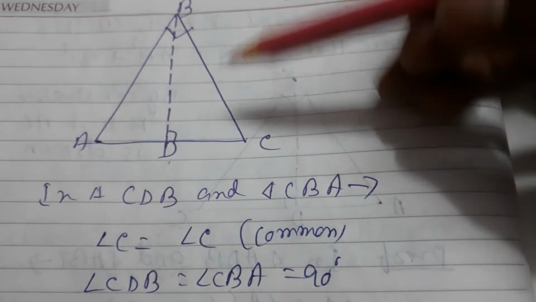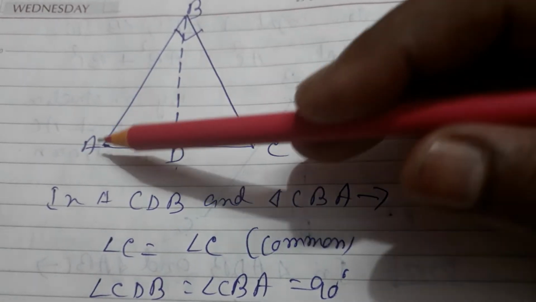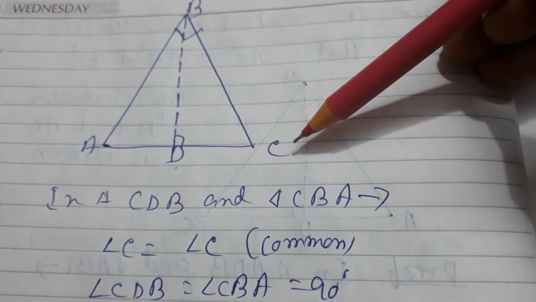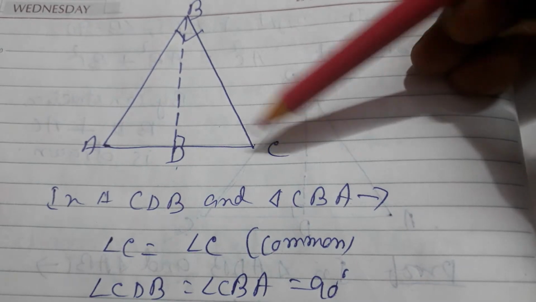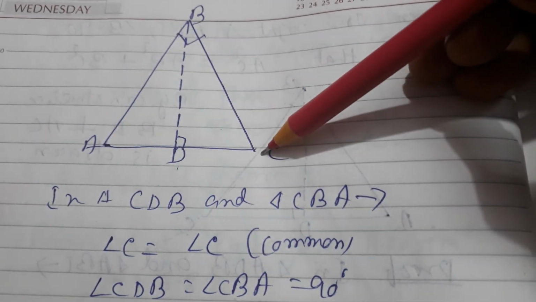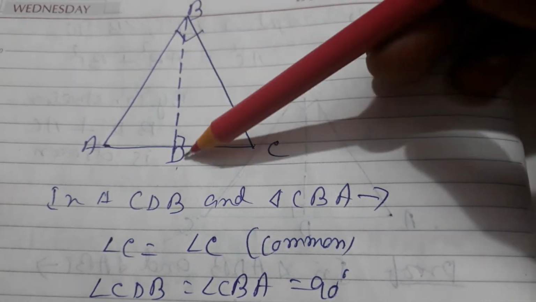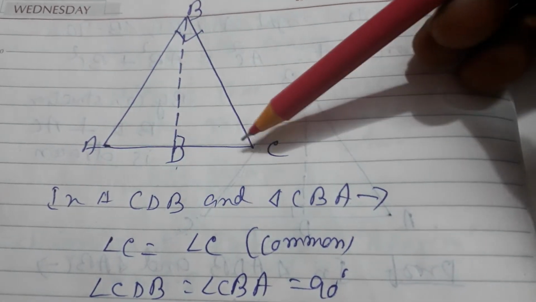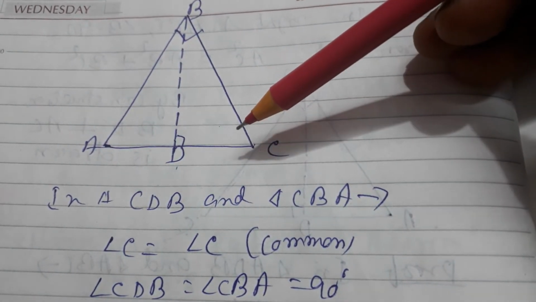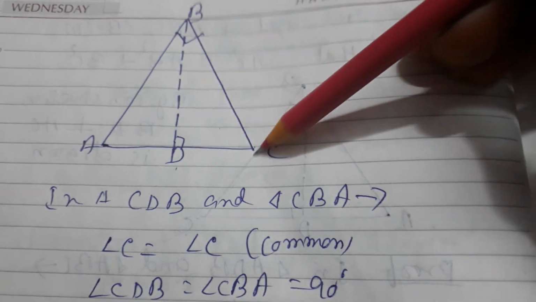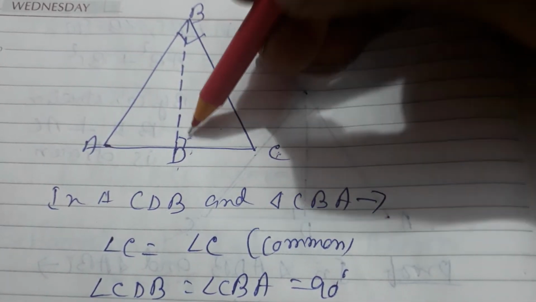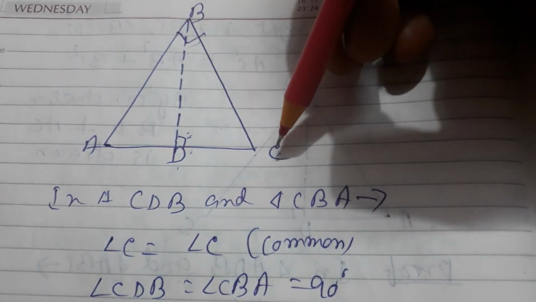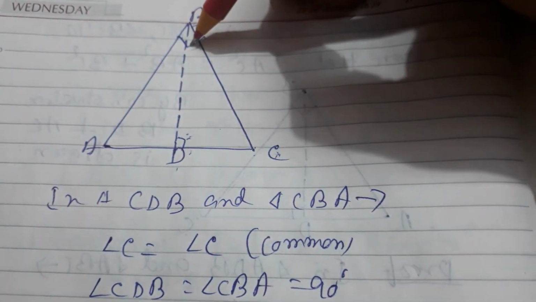Now you have to take out BC square. So again I have drawn the figure, and now you take this small triangle and the whole triangle. For this small triangle and the big triangle, C is the common angle. Vertex C is common, and in the small triangle CDB this angle is 90 degree, and in the big triangle CBA it is 90 degree.